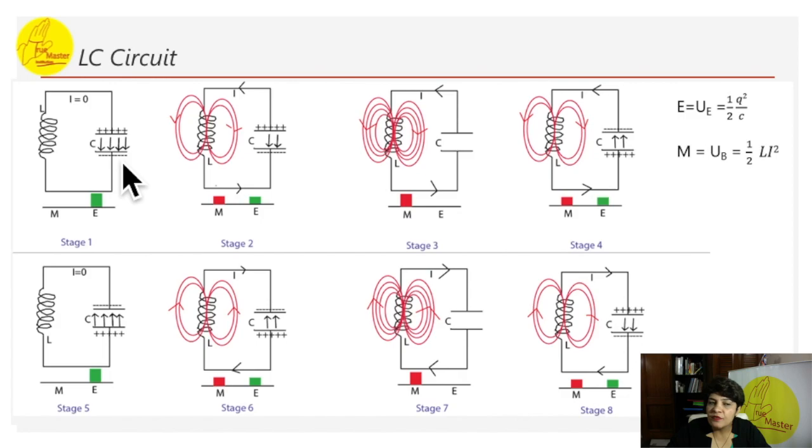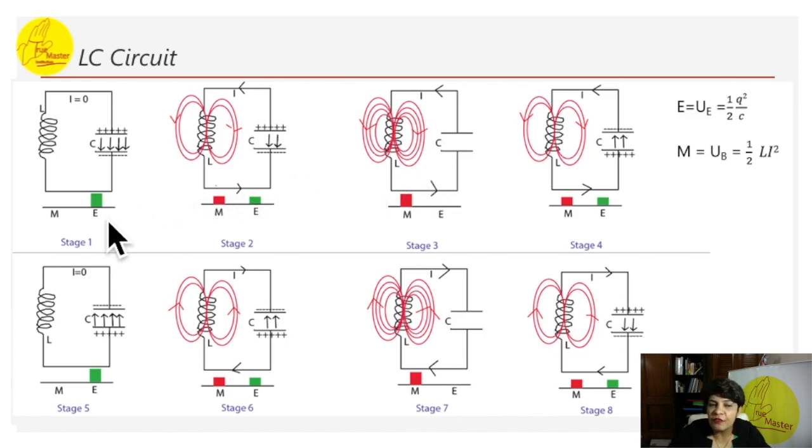The electrical energy stored in the capacitor is full. And what is the value of this electrical energy? Representing electrical energy as UE, UE equals half Q square by C. This will be the value of energy here.